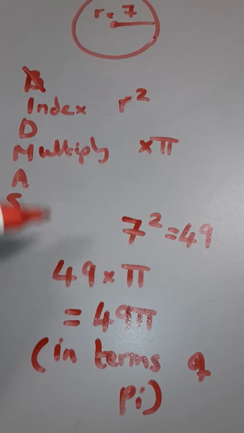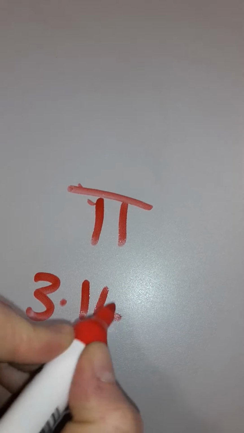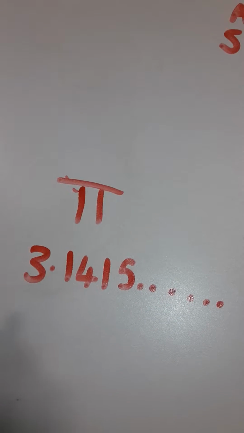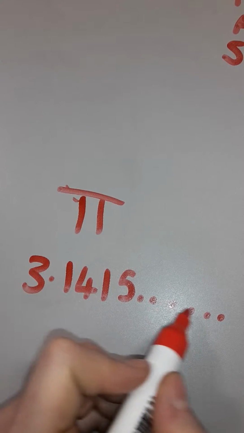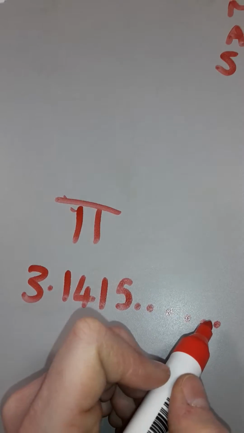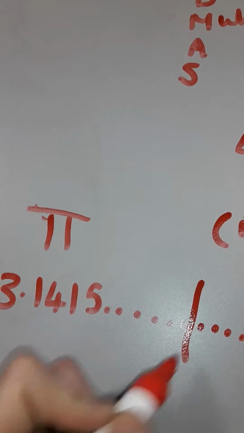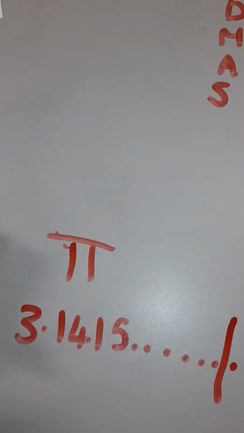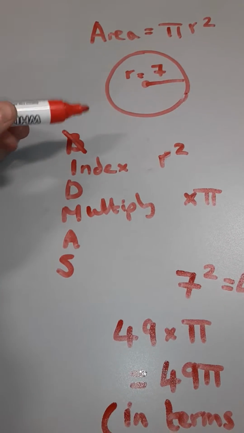Why this is so important is because pi as a number is actually infinite. It's 3.1415, and then it continues and never stops. Whenever we use a calculator, we usually only use pi to about 8 or 9 figures. So actually we're losing a great deal of accuracy, and as soon as we lose accuracy, we don't get as accurate an answer for our area as we could do.